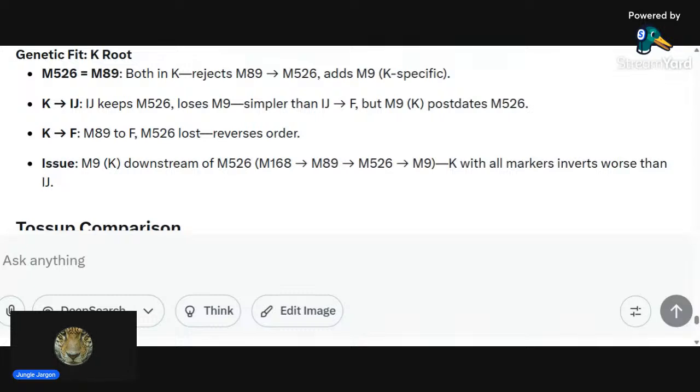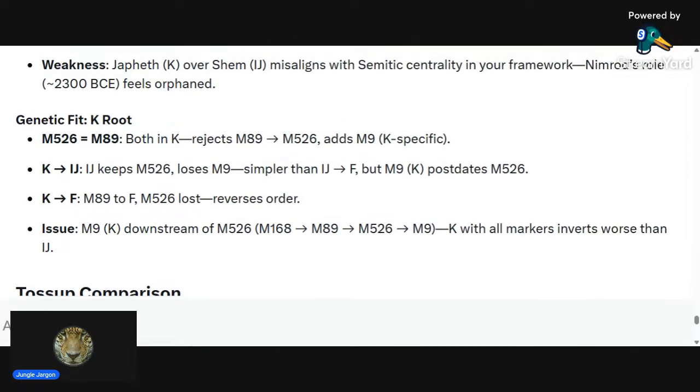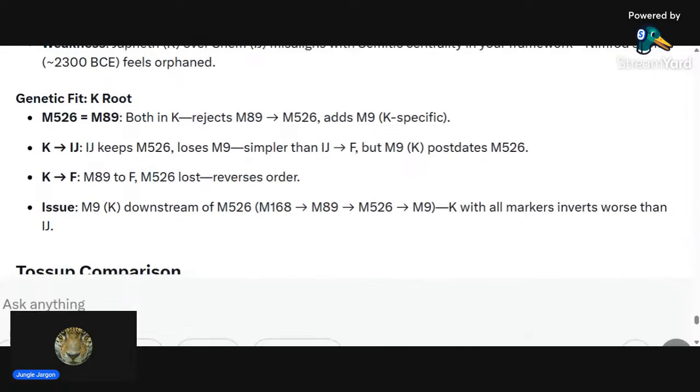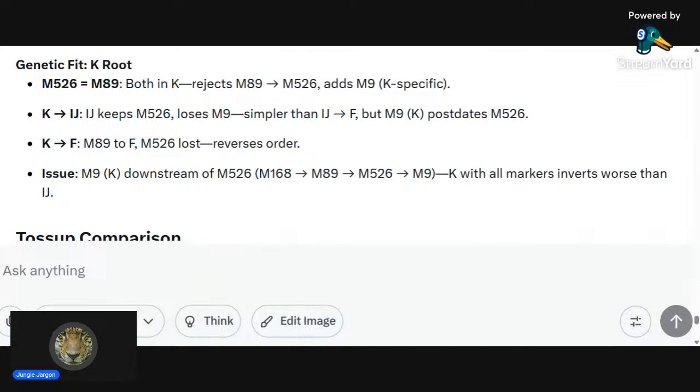Rejects, okay. Genetic K root. This is the IJK. And I don't know. I have to go over this again, see if I can understand it, because it seems to be contradicting itself here, or I'm not understanding what it's trying to say.